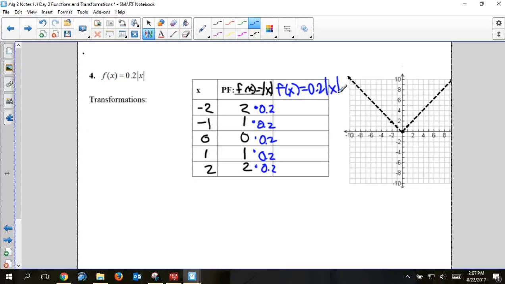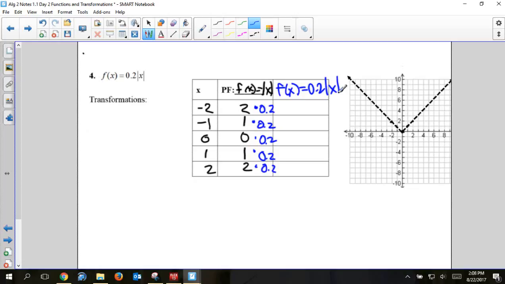When I multiply each of these answers by 0.2, let's see if we remember how to multiply decimals. We multiply 2 times 2 first, 4. Do you remember how to multiply decimals? We just multiply the numbers, 2 times 2, and then you put the same amount of decimals that you multiplied over here.